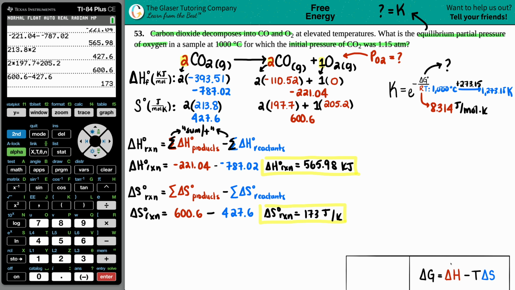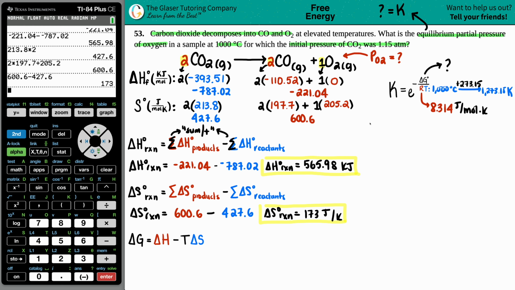All right, we have the delta H. We have the delta S. We know that temperature. Now we can solve for delta G. So I'm going to just take this, move it over here, and bada bing, bada boom. Let's find out that delta G. Delta G equals, but wait a minute. Delta H is in kilojoules, delta S is in joules.